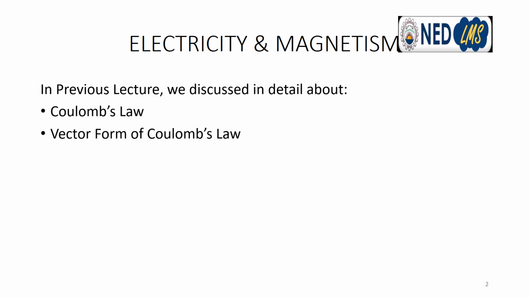These charged particles can be like or unlike, and since force is a vector quantity, Coulomb's law has also a direction and has a vector form. Okay, so we have also discussed the vector form of Coulomb's force or Coulomb's law.